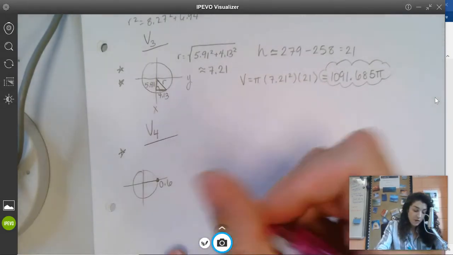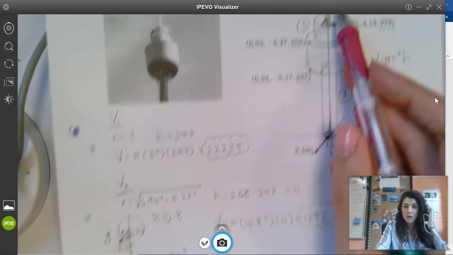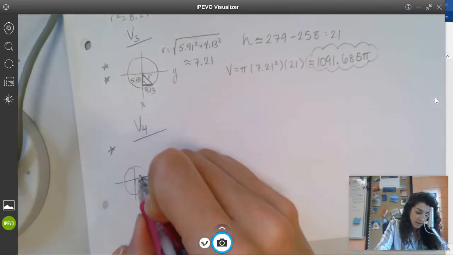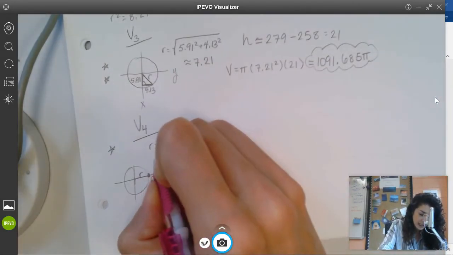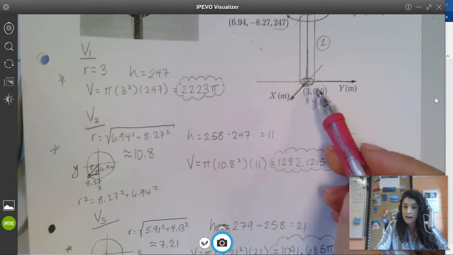Okay, so if we only go out to here and we don't go out on the X at all, which is what the 0 for this coordinate means, 0 then 0.6 means that my radius is just 0.6. So that's pretty nice that it was already just given to us because like our first radius, it was on an axis.